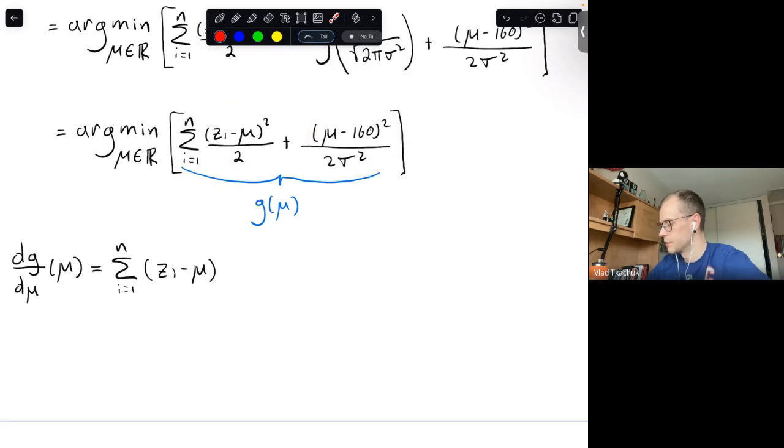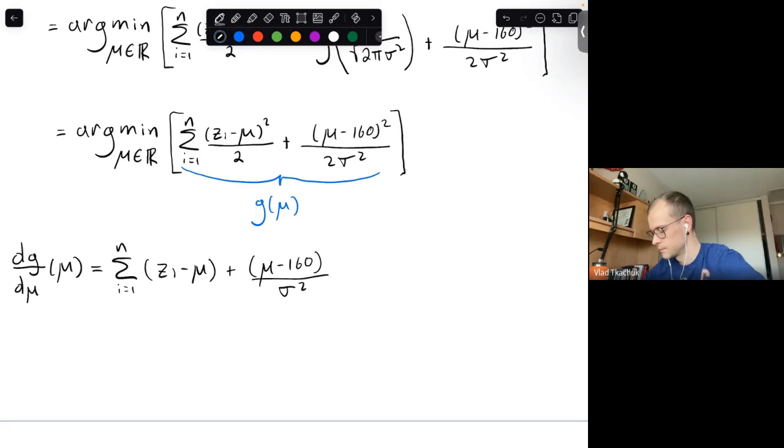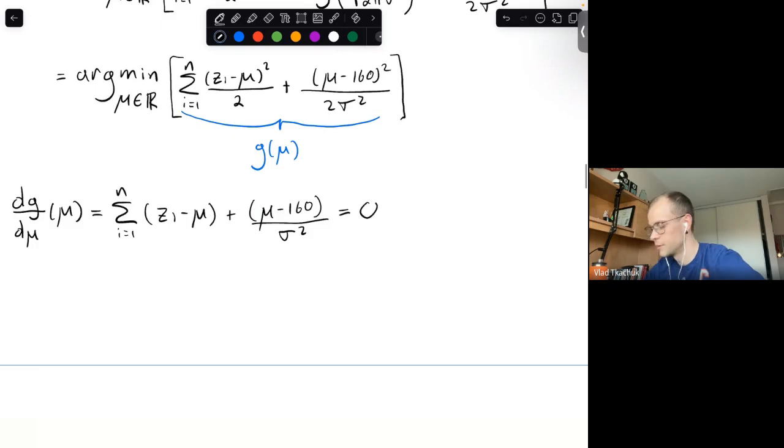We need to take its derivative. And so the derivative in terms of mu is just you take the 2 out to the front, and you're left with this, and this 2 and this 2 cancel. So we're left with mu minus 160 over sigma squared. Okay, and we want to find the mu that minimizes the above, so we need to set this derivative to 0.